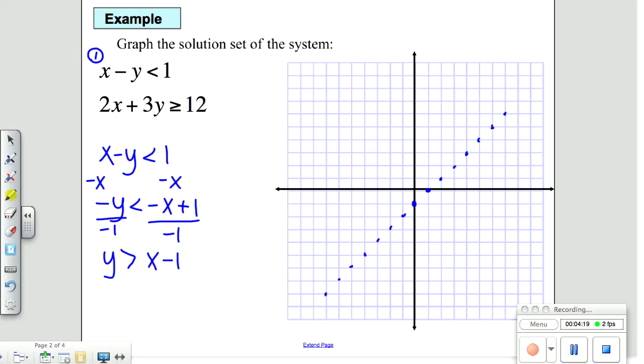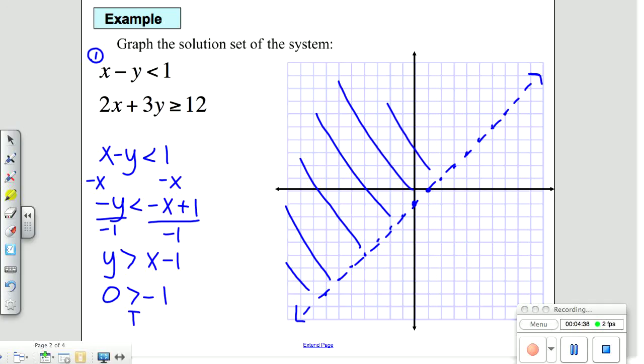And this one's going to be a dashed line. We need to test a point now. We can test 0, 0. We get 0 is greater than negative 1, which is true. So we know that this is going to be shaded towards 0, 0.